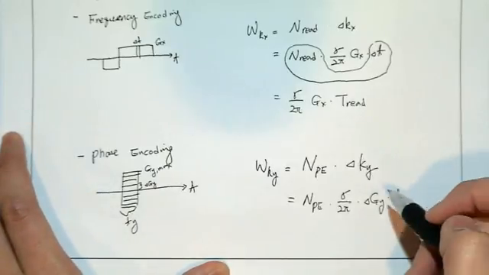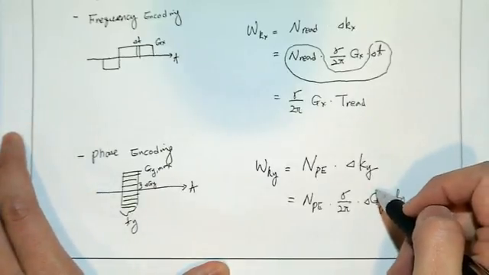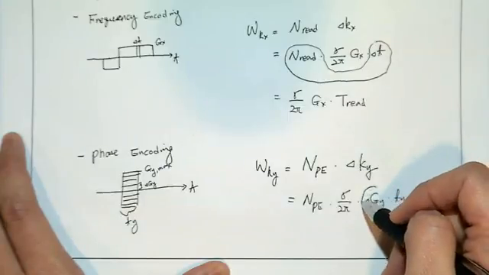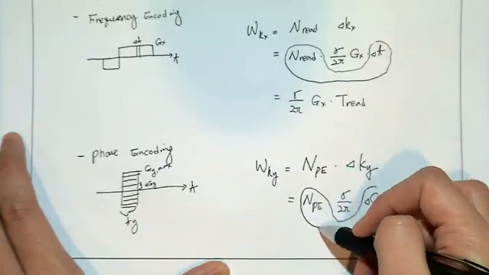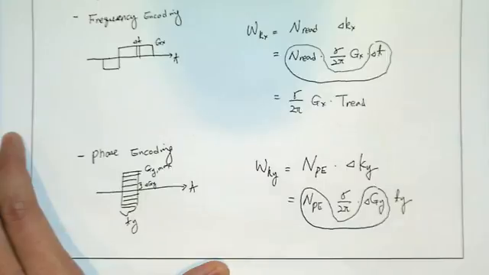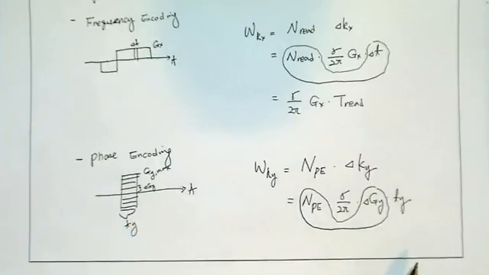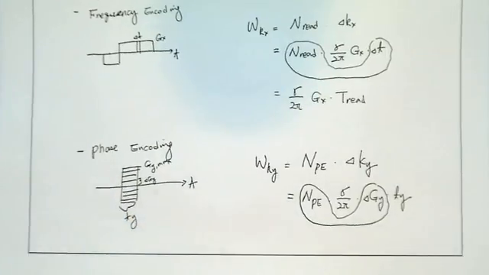So this is what the delta GY times number of points is. Basically, this is the step size, and this is the total number. So it's 2 times the maximum value, right?